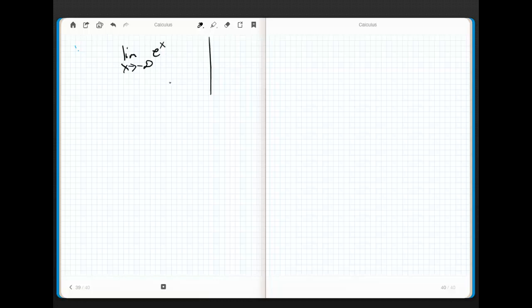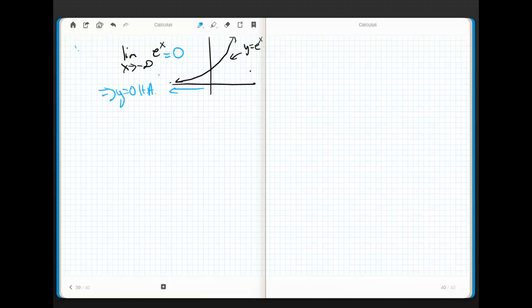But you know me, I'm way more a fan of the graphical, visual than of the numerical. This is y equals e to the x. As x gets huge negative, what does e to the x get closer and closer to? 0. What does this imply? y equals 0 is a horizontal asymptote.